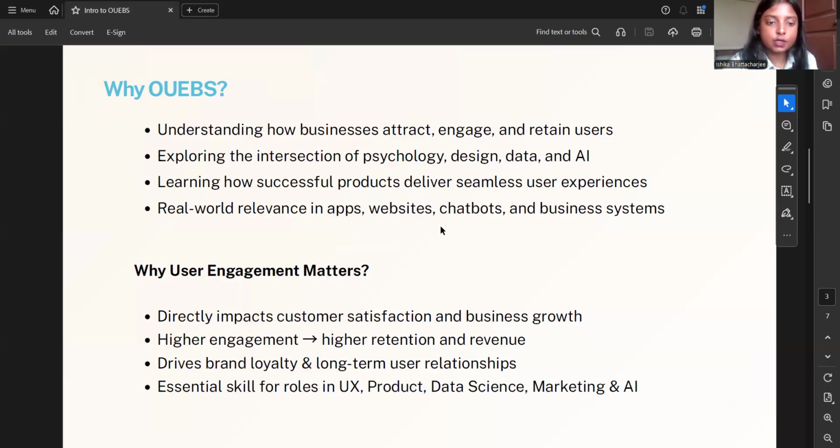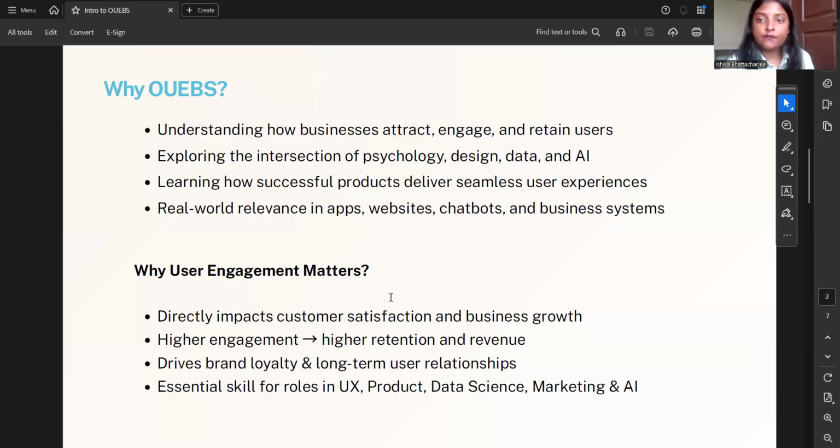Now, why user engagement matters, I have just discussed it, but let me read it out. It directly impacts customer satisfaction and business growth. Higher engagement leads to higher retention and revenue. It drives brand loyalty and long-term user relationships. And it is an essential skill for roles in UX, product, data science, marketing, and AI.